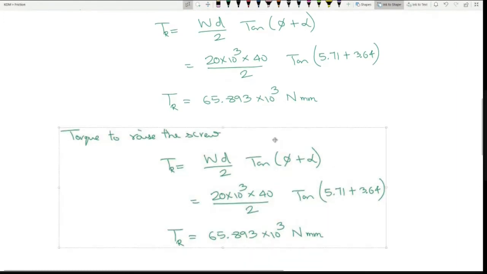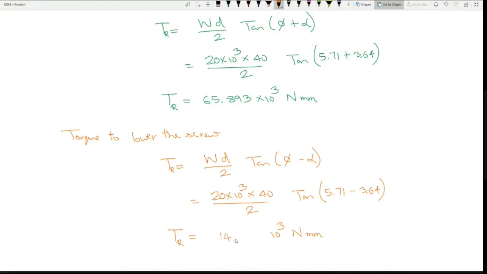Can you identify the formula? What are you getting? 14.429 into 10 power 3 Newton mm. Let me call this TL and that TR.